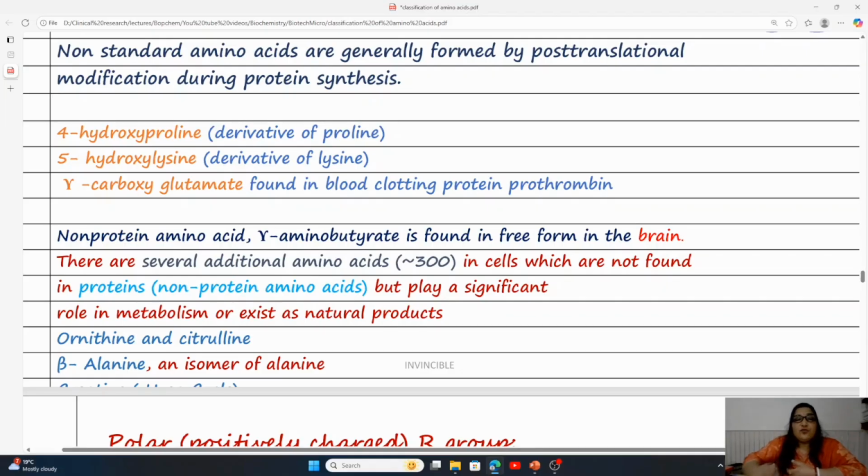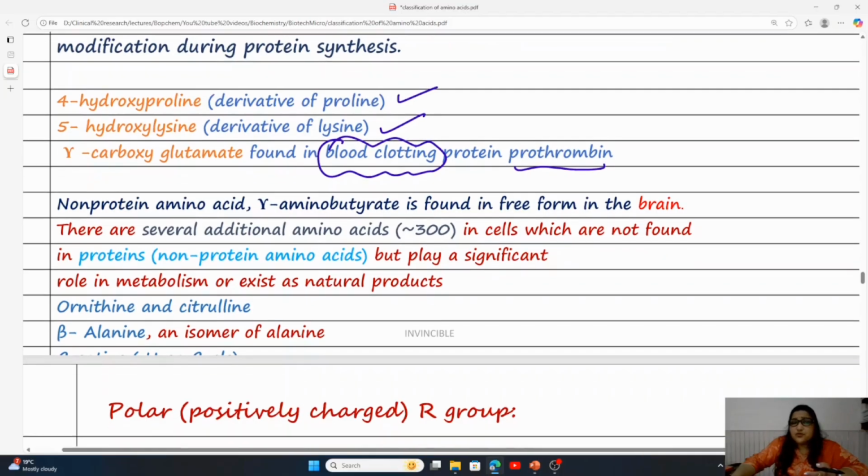So they are 4-hydroxyproline, which is a derivative of proline, 4-hydroxylysine, which is a derivative of lysine, and gamma-carboxyglutamate, which is found in prothrombin. What is prothrombin? Prothrombin is a protein which helps in blood clotting.